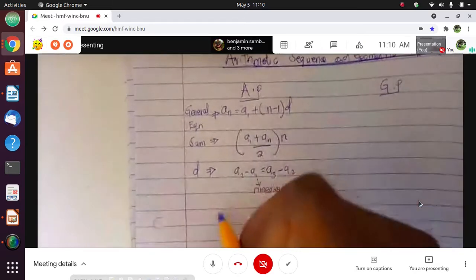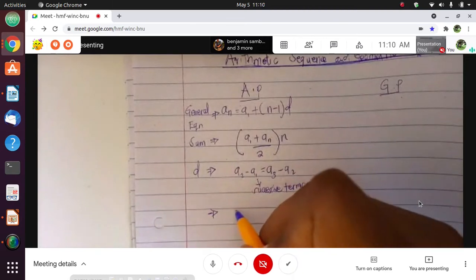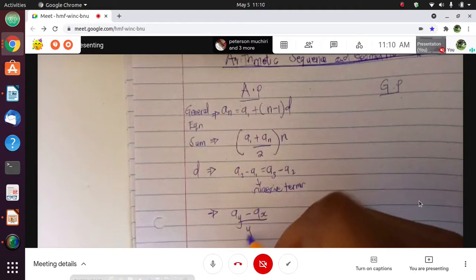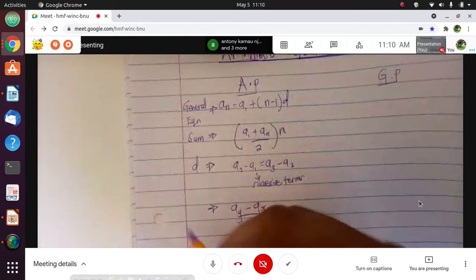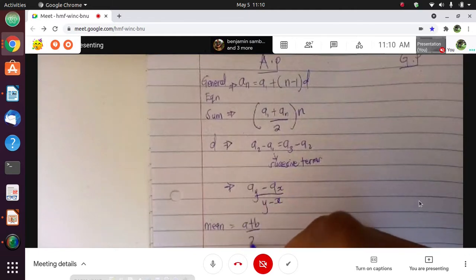When you don't have successive terms, you can also find d by taking ay minus ax divided by y minus x. And to find the mean of an arithmetic progression or sequence, it is a plus b divided by 2.